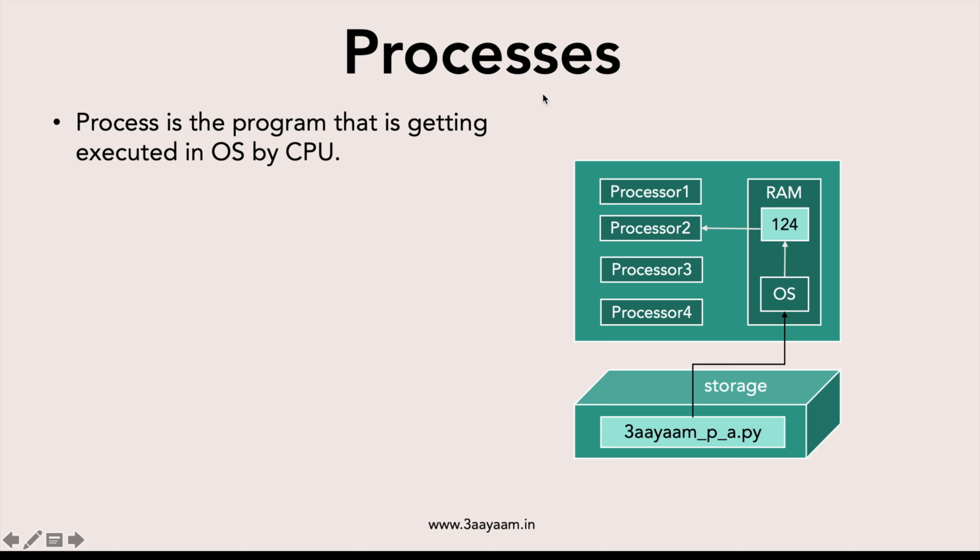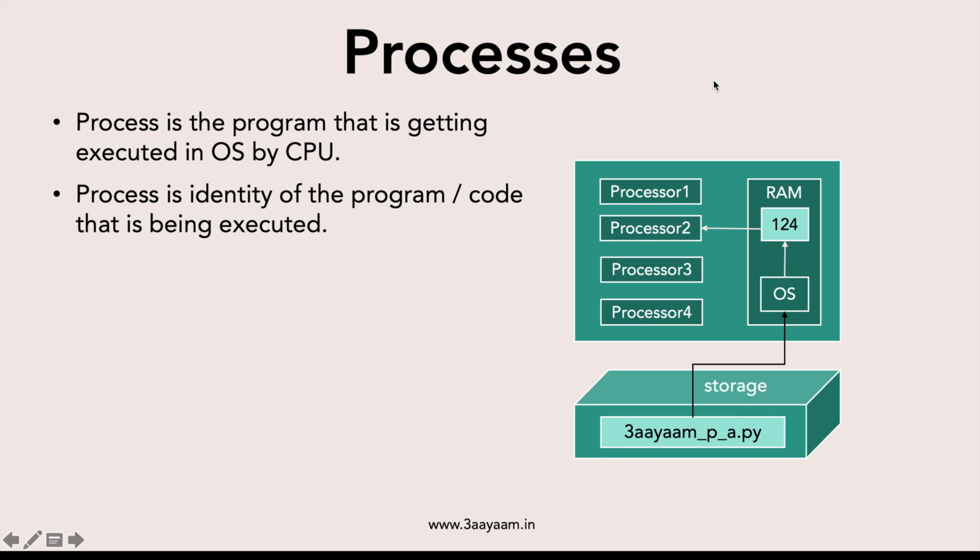That's what a process is, and it is identified by a process ID. The process ID for this program which is getting executed is 124. This is basically the identity of the program or the code that is being executed by a processor, which is there in RAM. The program is pulled into RAM and then gets executed by the processor.